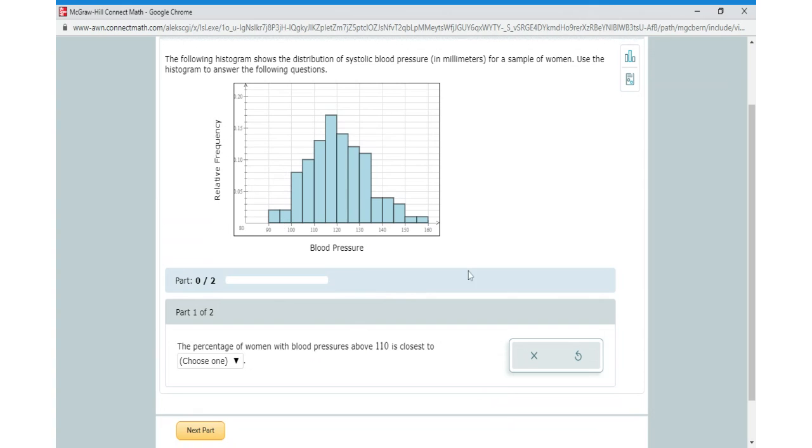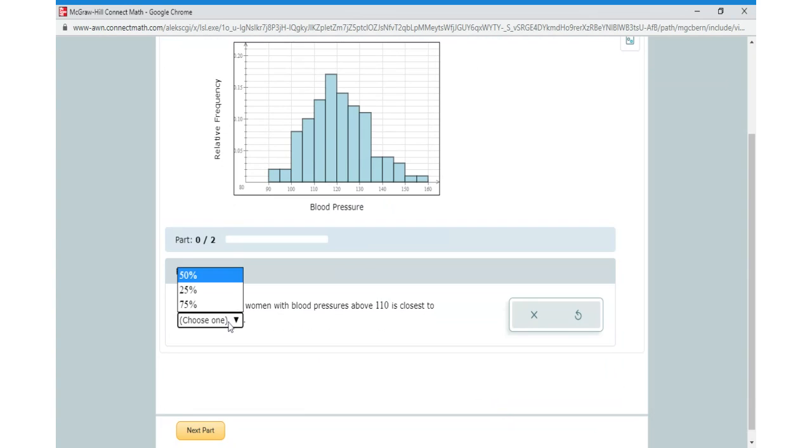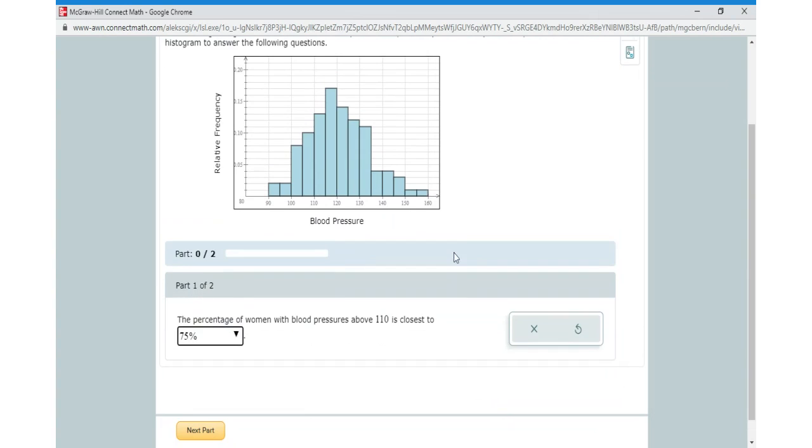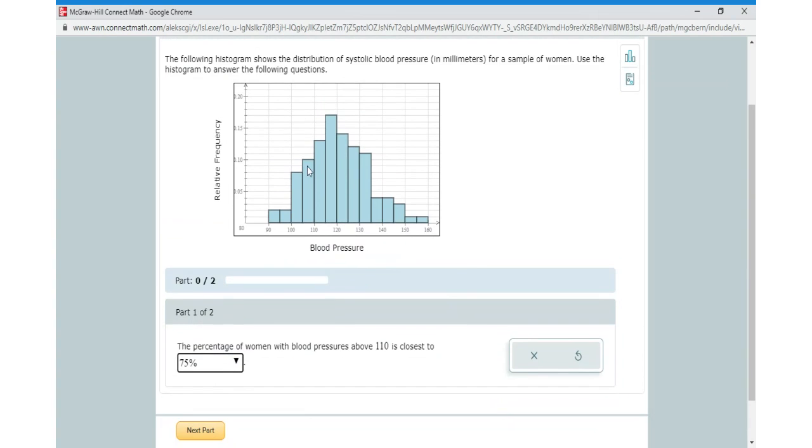Let's count again. So that's 10%, 8%, 18, 19, 20. Oh, I don't know why they're just giving us those choices. Maybe I'm not seeing it right. But anyway, that's the general idea.